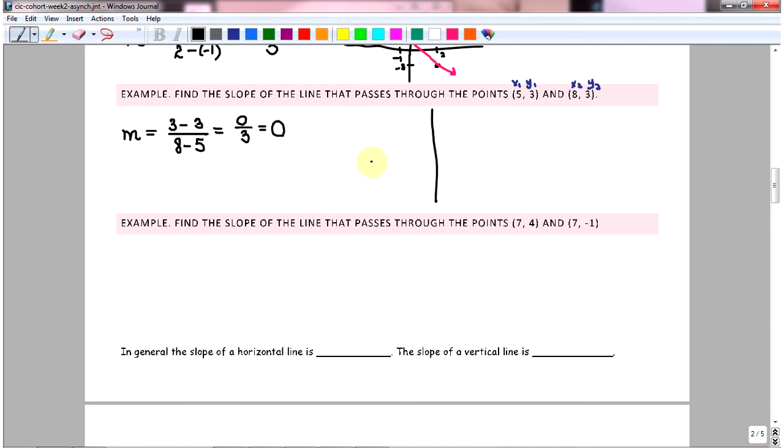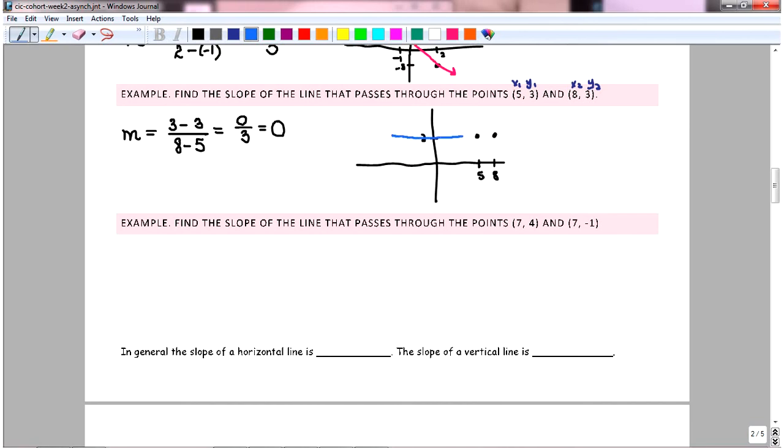Okay, so let's plot these points and see what a line with a slope of 0 looks like. So we have the point 5, 3, and then we have 8, which will be here somewhere, 3. So notice they both have the same y value.